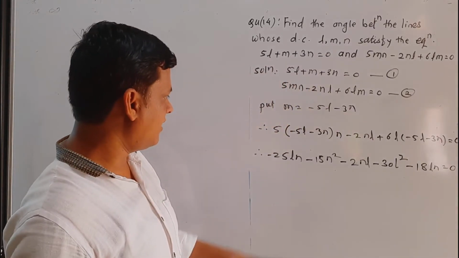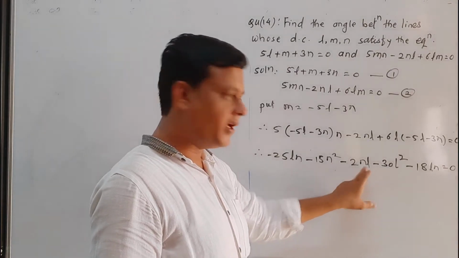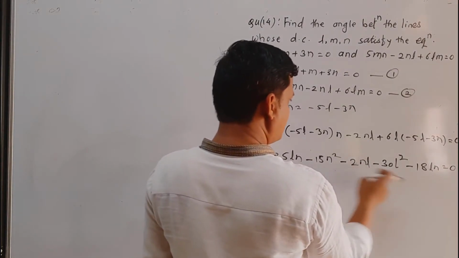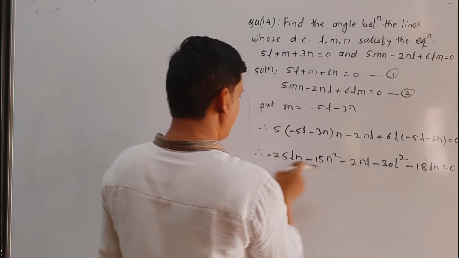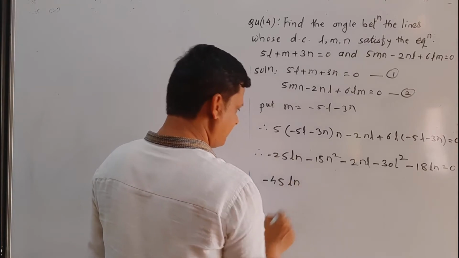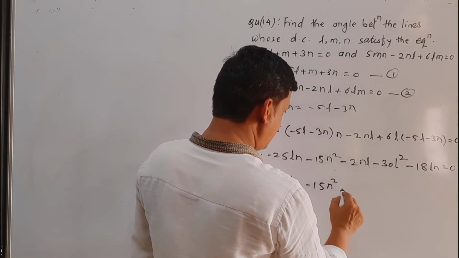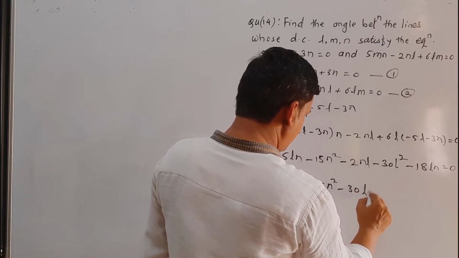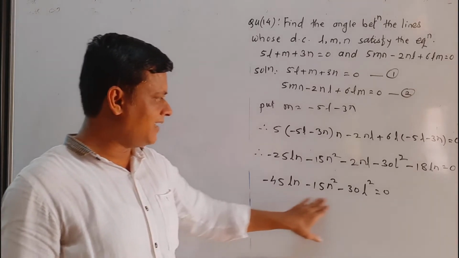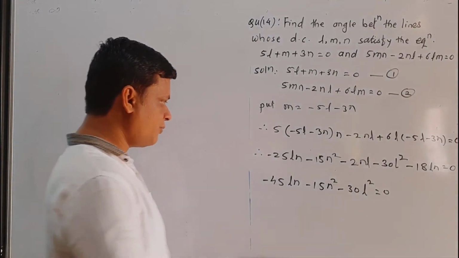Now we can add the terms of ln. This ln is also ln, so we add up these two terms. Minus 2 minus 18 we get minus 20, minus 20 minus 25 we get minus 45 ln. Then this minus 15 l square minus 30 l square is equal to 0. So we can take minus sign common from this. So we write this l square at first position.